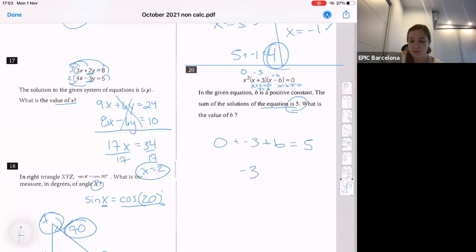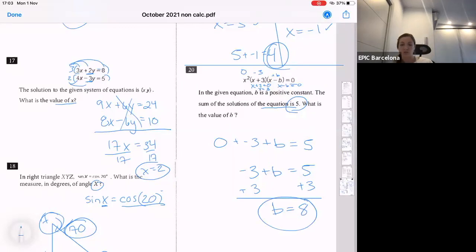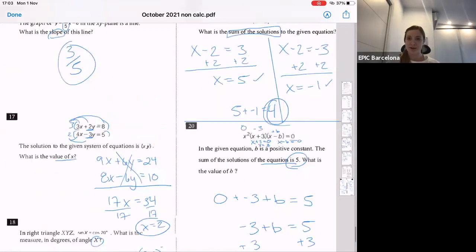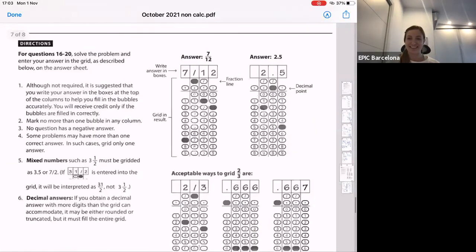So basically -3 plus b is equal to 5, and now I just need to add 3 to each side. And I get that b is equal to 8, which is the correct answer. And that is how you do the SAT math non-calculator section amazingly and perfectly.